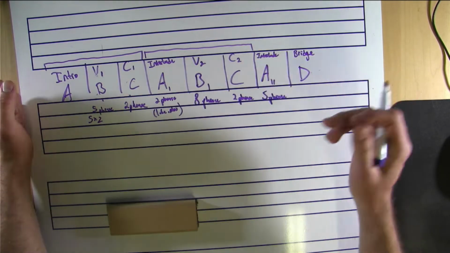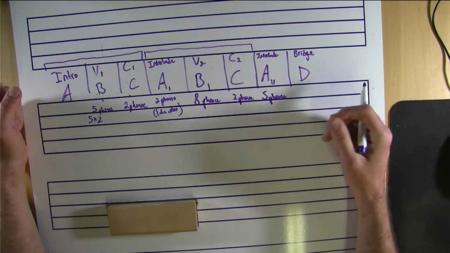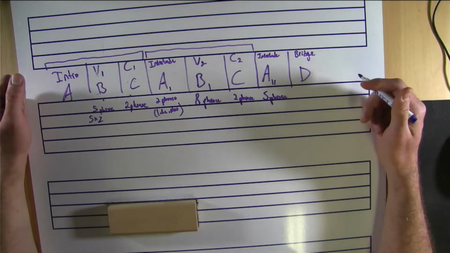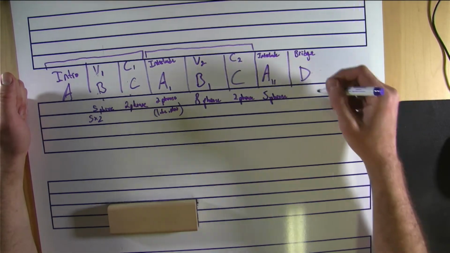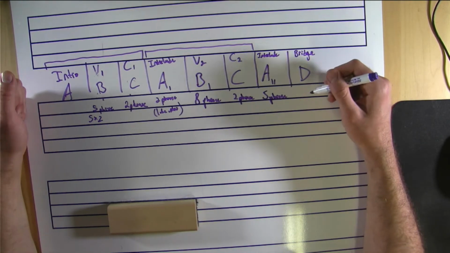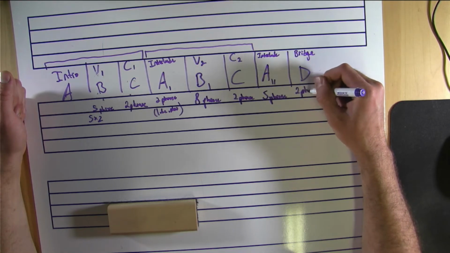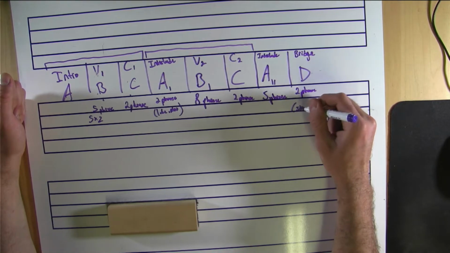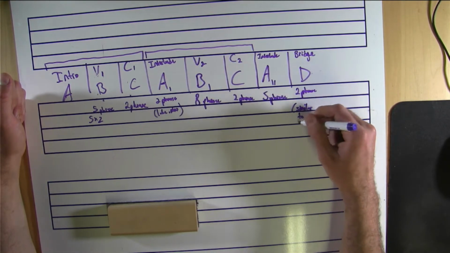And it uses the same chord progression as the chorus. It has that A flat, B flat, C happens twice. So a two phrase, kind of similar to the chorus. And I'll say, similar to chorus.